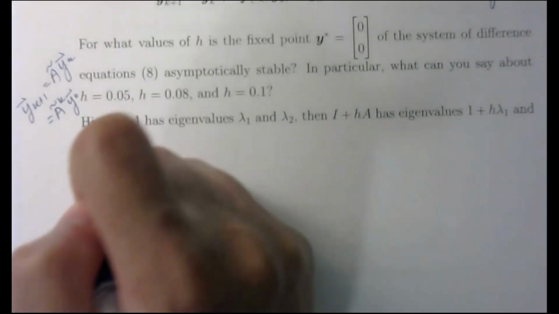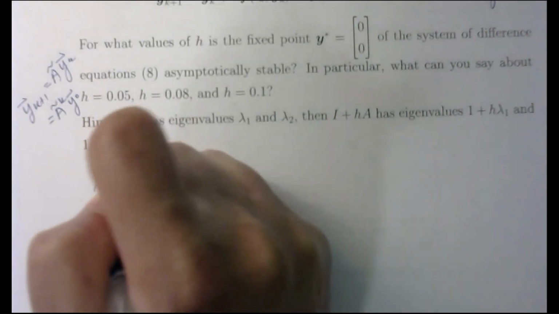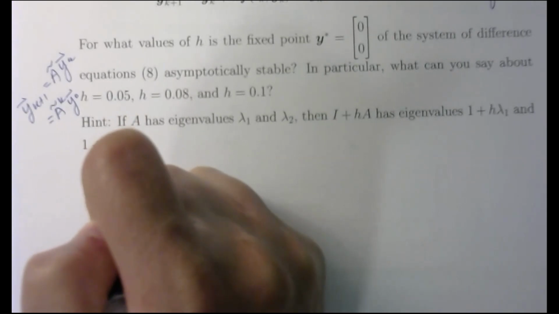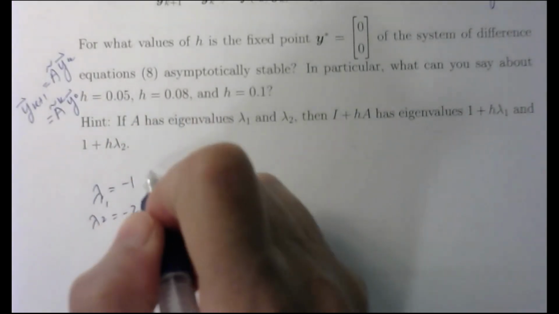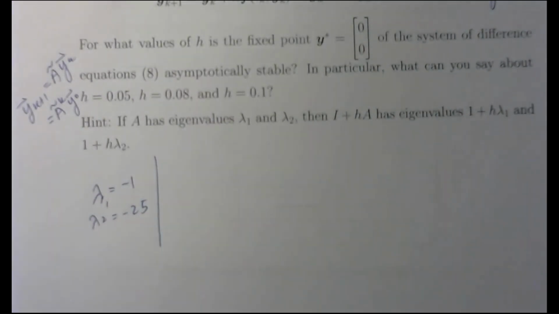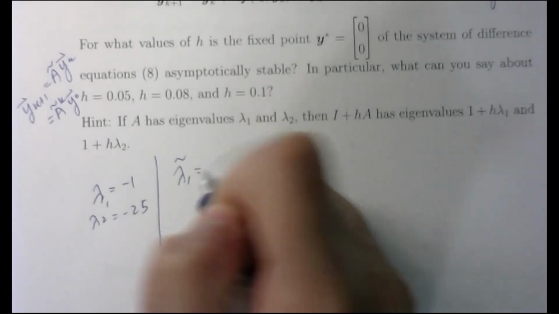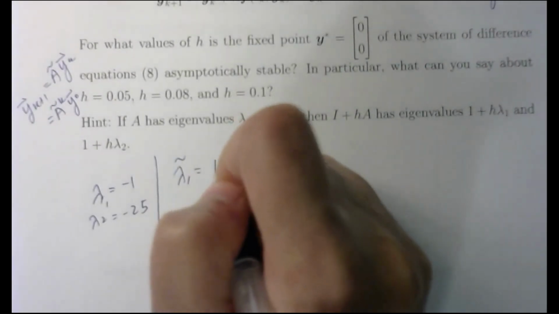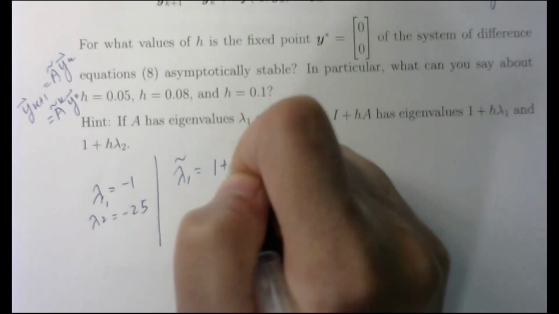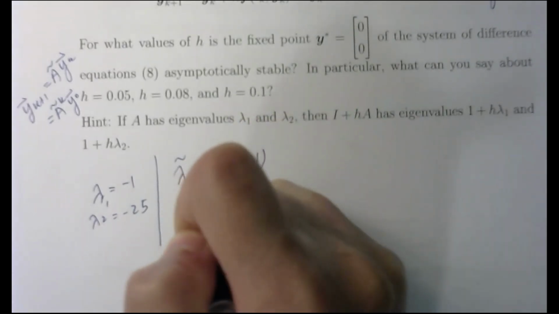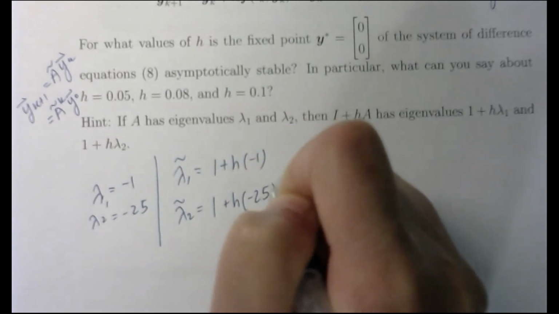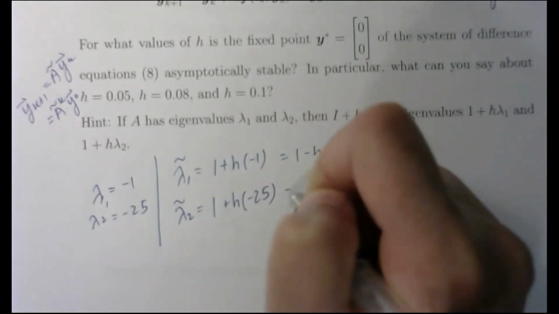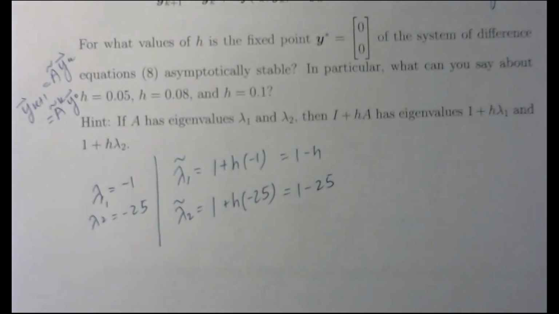So what does that mean here? If I have lambda 1 is -1 and lambda 2 is -25, that means, let's call it lambda 1 tilde is 1 plus h times -1, and lambda 2 tilde is 1 plus h times -25, so 1 minus h, 1 minus 25h.